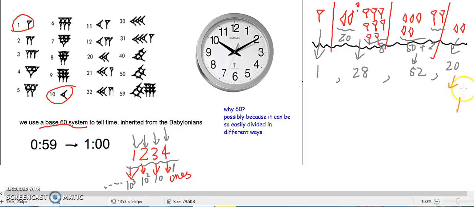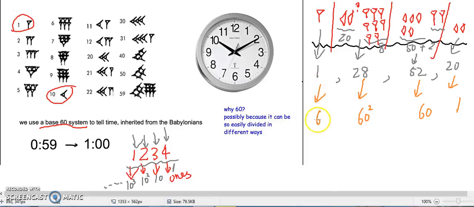How many ones? We got 20 ones. But the second place, unlike the modern number system, represents 60, not tens anymore. So we have 52 of 60s. And 28, the next place, represents 60 squared, which is 3600. So we have 28 of 60 squared.